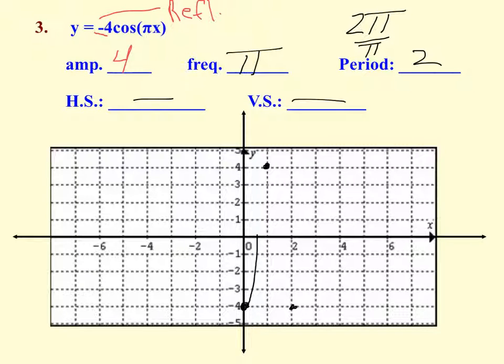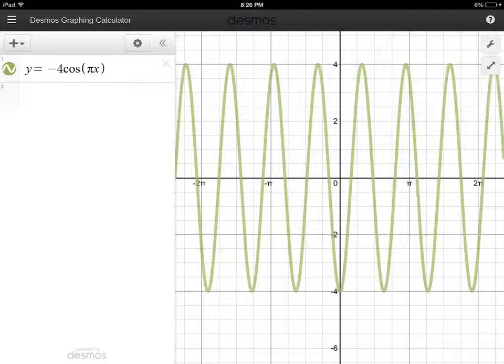I drew it poorly, but you get the idea that this graph is going to cycle over and then back up. Sorry, that's a poorly drawn graph. You get the idea. And so you can see that our cycle happens not every pi units, not every pi over 2 units, but every 2 units is our period.